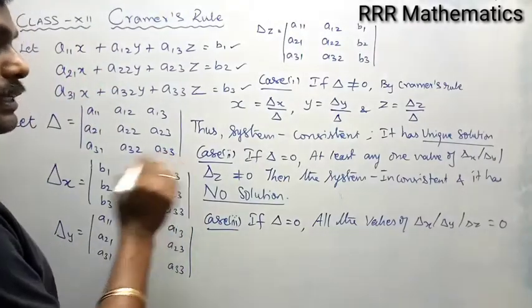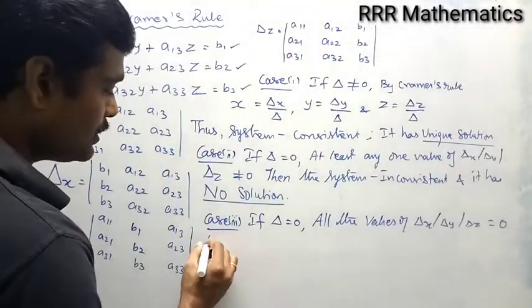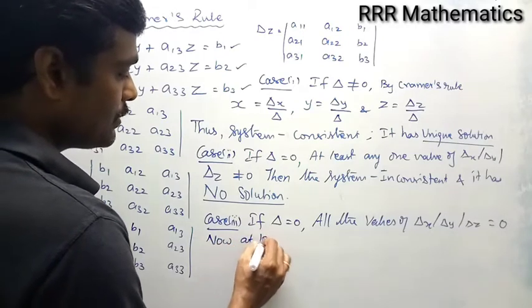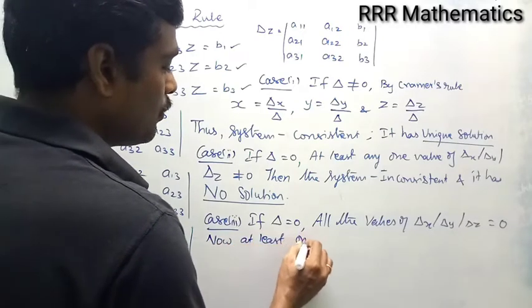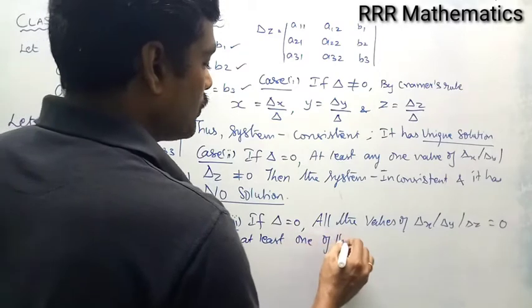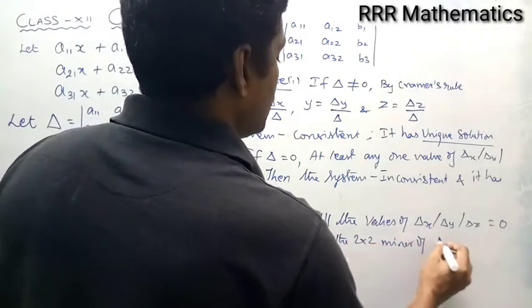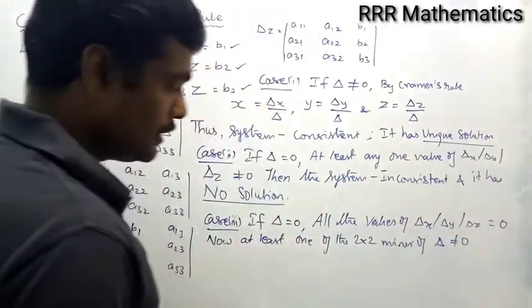In this case, we have a 3 by 3 determinant. So now we want to check whether at least one of the 2 by 2 minors of delta is not equal to 0.